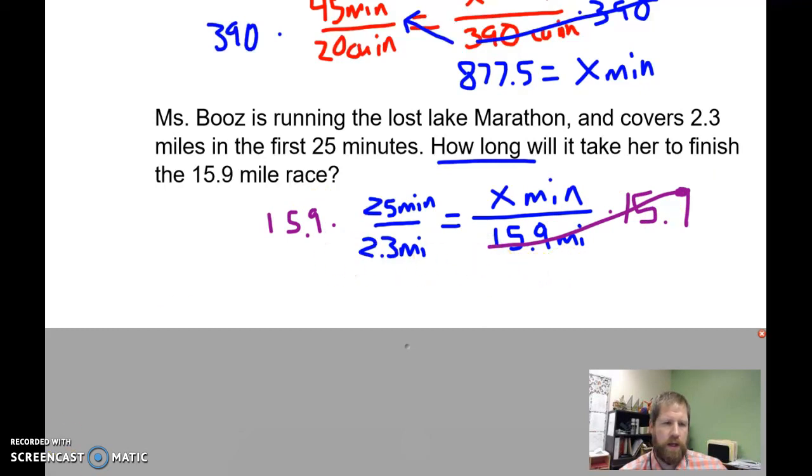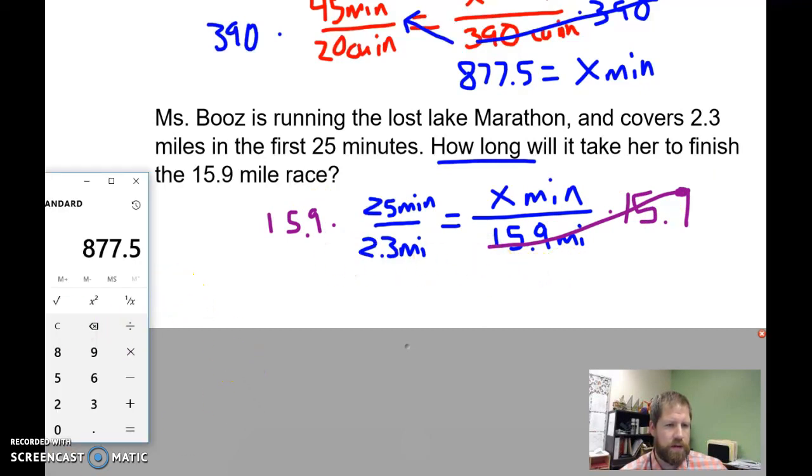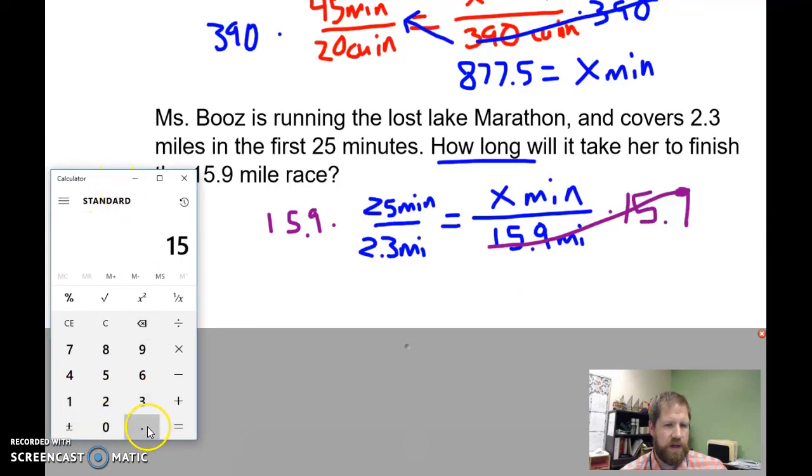Cancel that, and then let the calculator do its job. 15.9 times 25 divided by 2.3.